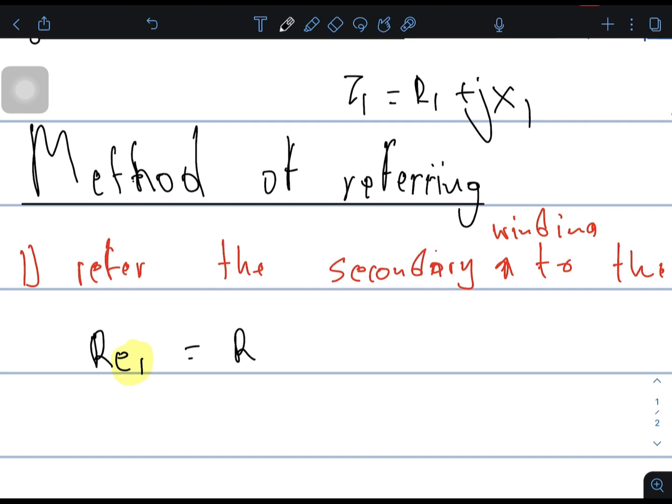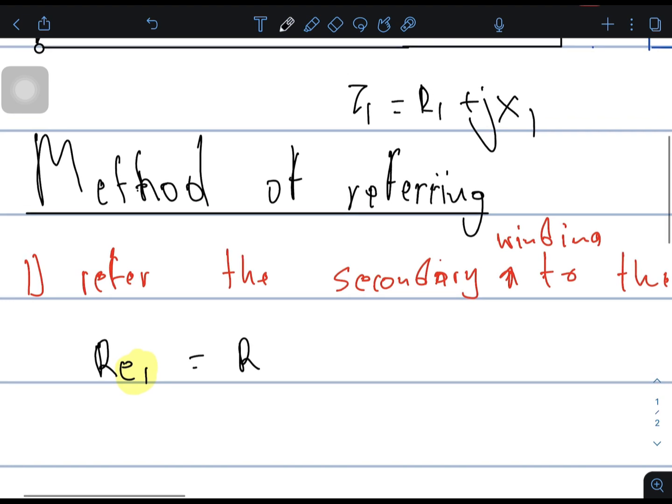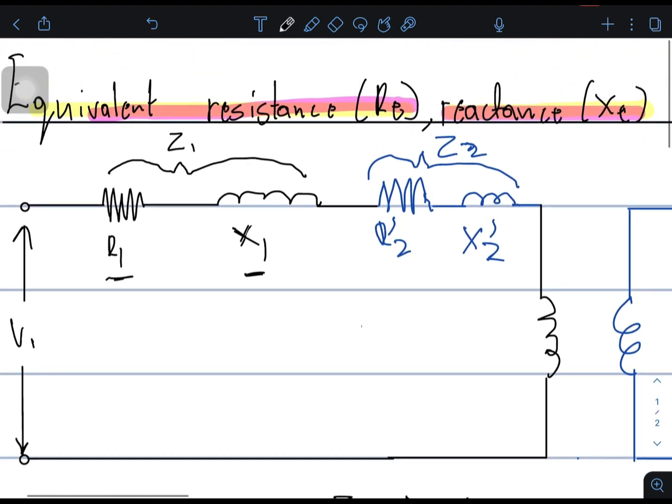RE1, which is the equivalent resistance referred to the primary, is equal to R1 plus R2 prime. It makes sense, guys, because basically what we effectively did is we added the secondary resistance to the primary circuit, hence we add.